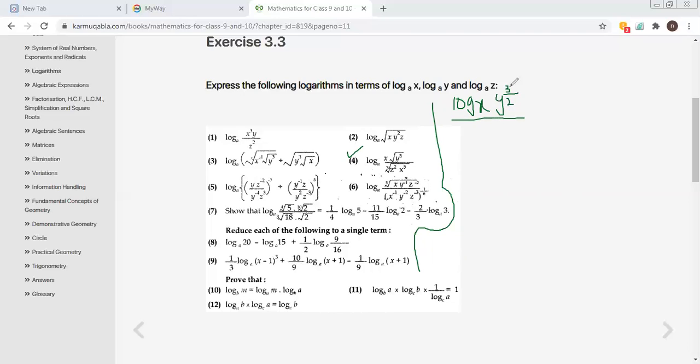Did you understand why I wrote this? Why did I write this? Because power means, and you can see that it will be equal like this, power cube 1/2.